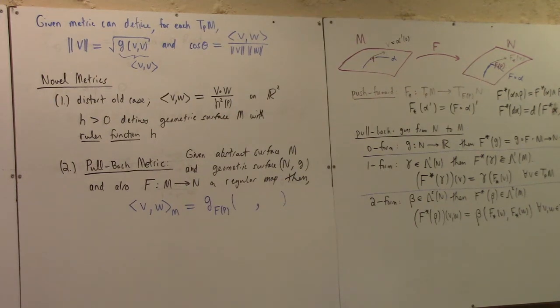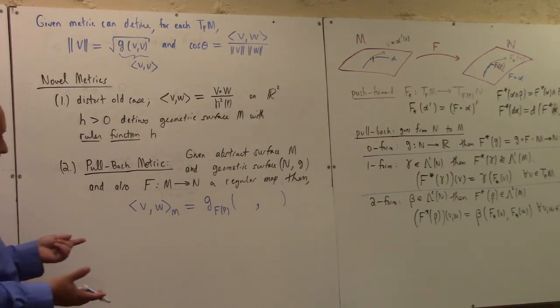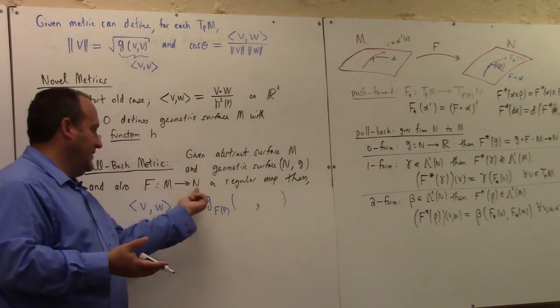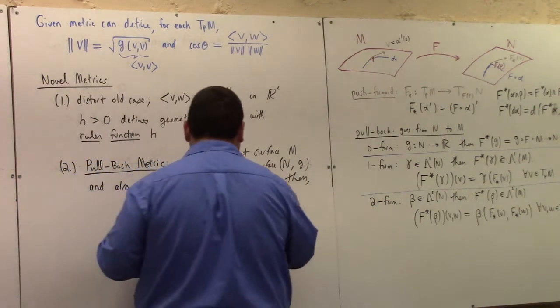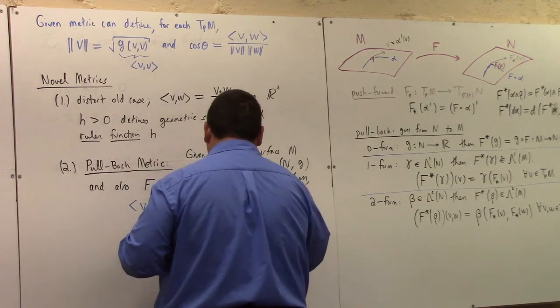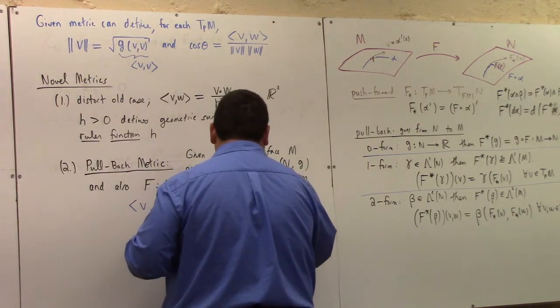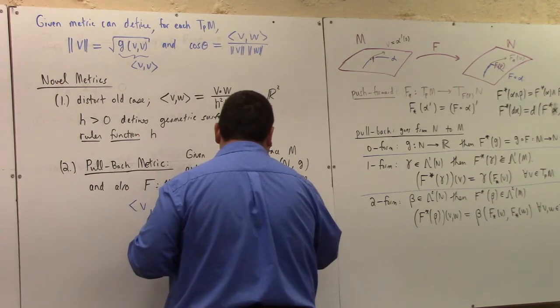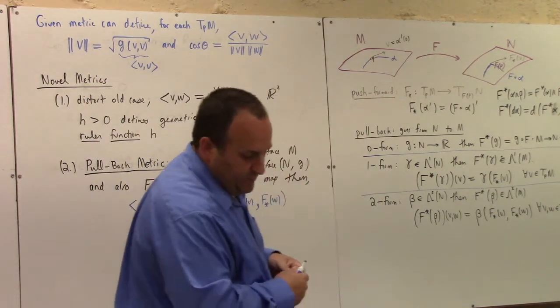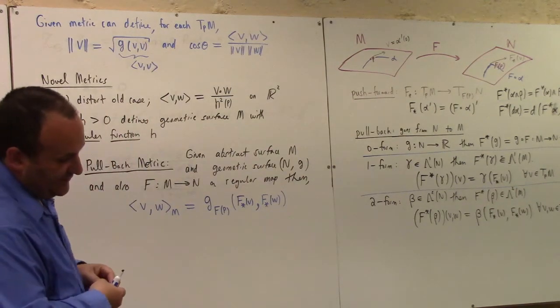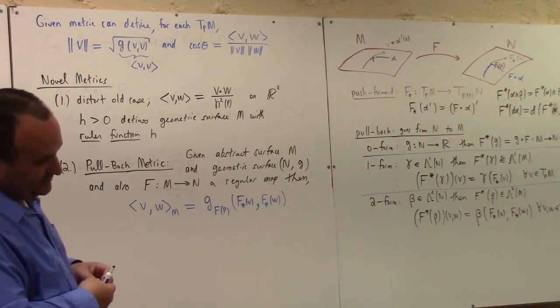The push forward takes you from tangent vectors at M to tangent vectors at N. So I just do push forward F star V, F star W, which I have written in terms of DF of V and DF of W also there.